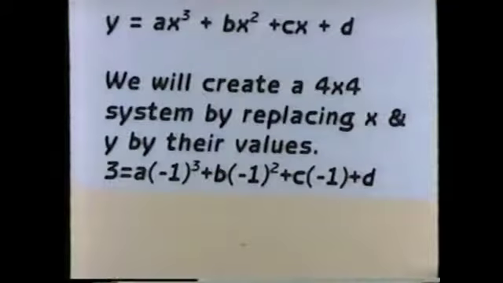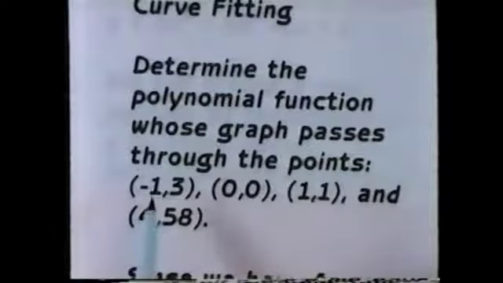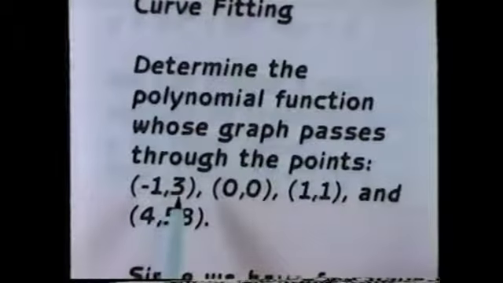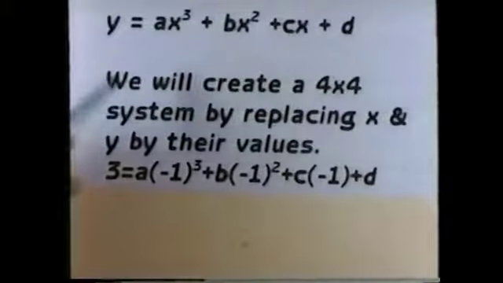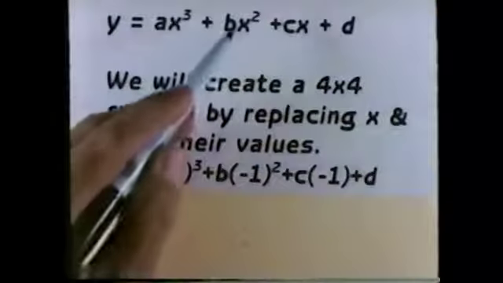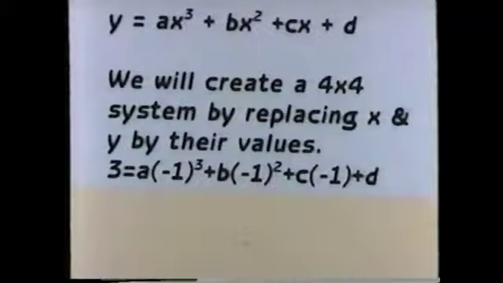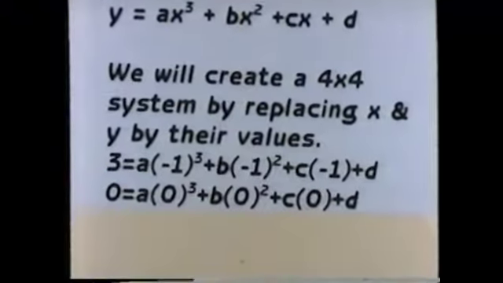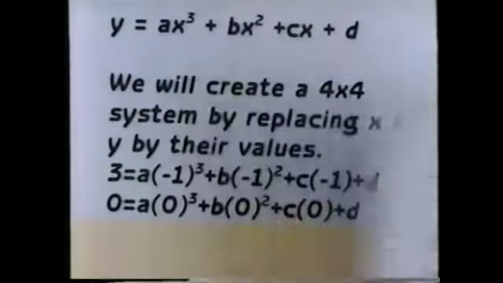So let's look at the first point. If you go back, the first point we had was x is -1, y is 3. So I replace y by 3, x by -1. The second point, we had 0, 0.